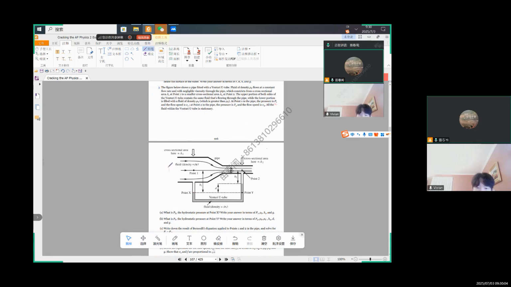So here is P1. That pressure is also going to expand to here, right? So I guess I have to use P1 plus that, having a point X.